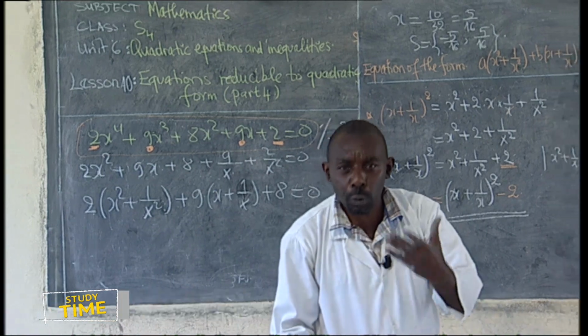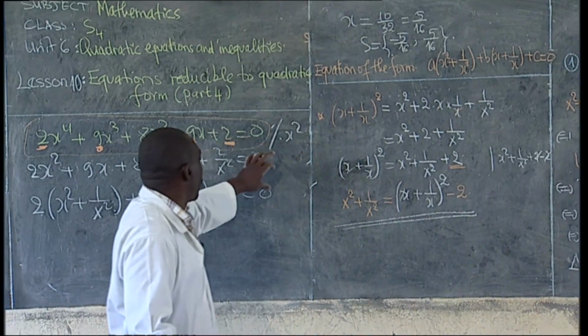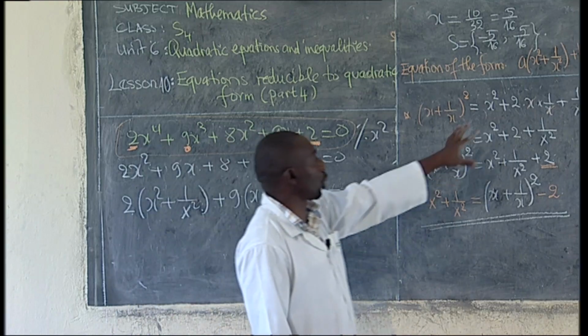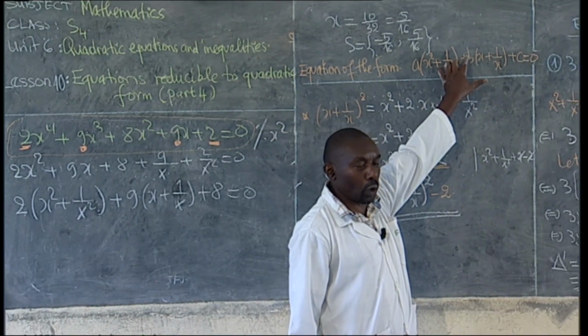Solving that kind of reciprocal equation, you divide the equation by x squared, then you proceed like that to get an equation of this form. Easy to solve.